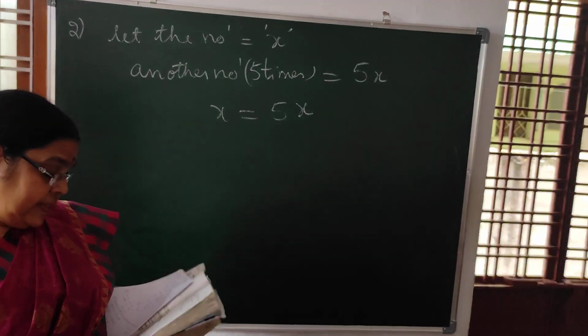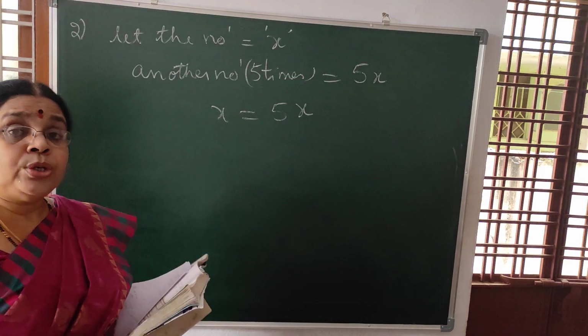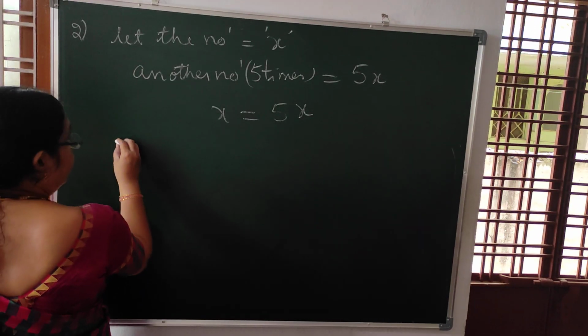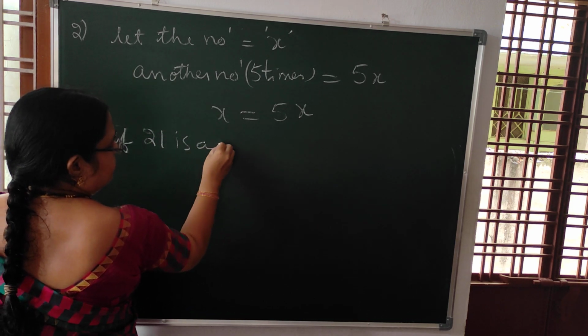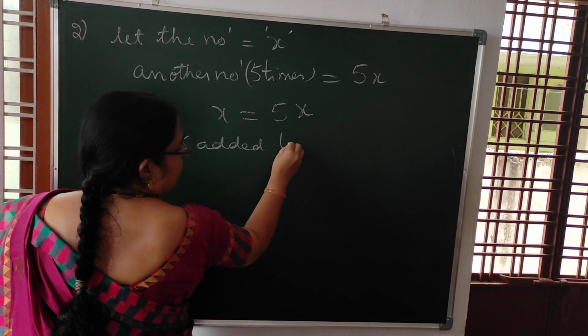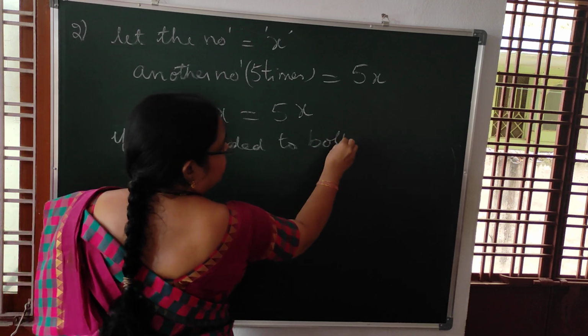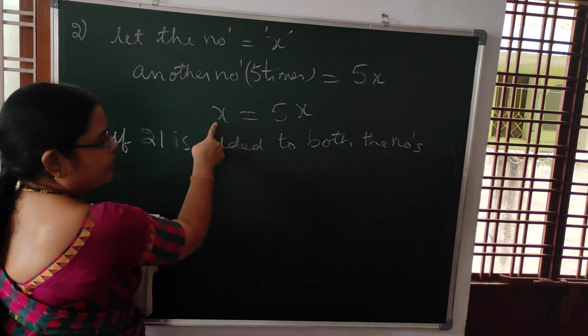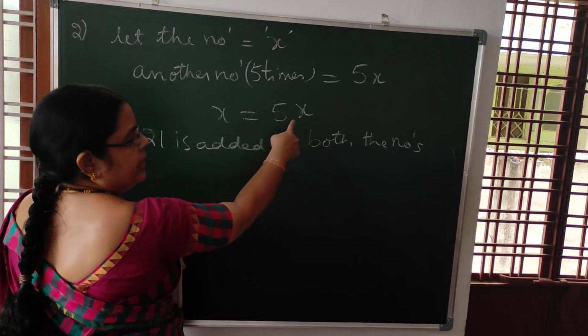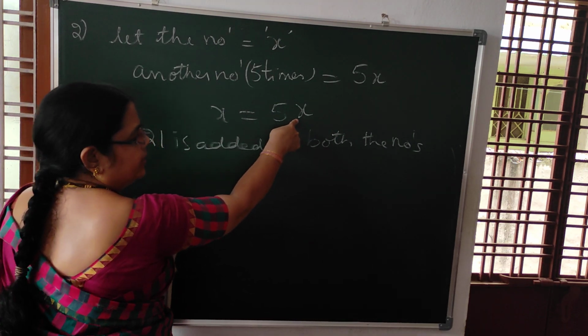Then after that what is he saying? 21 is added to both the numbers. If 21 is added to both the numbers, what happens? That means for this number you have to add 21 and for this number also you need to add 21.